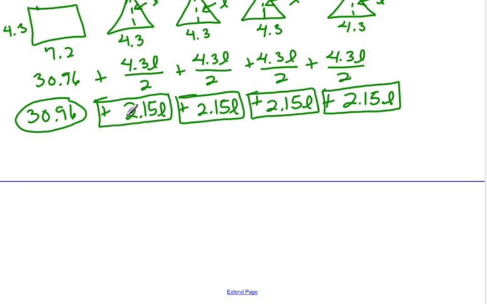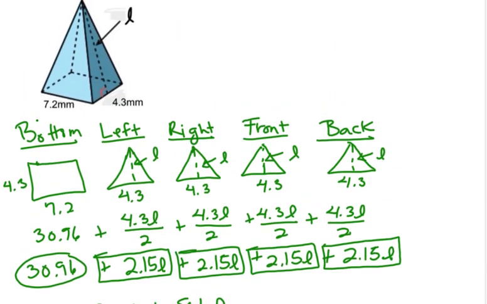All right, so 2.15 times 4, rather than putting it in your calculator 4 times, let's be a little bit more efficient. 2.15 times 4 is 8.6. So 8.6L plus 30.96. And I just realized I never gave you what the surface area of this pyramid is.